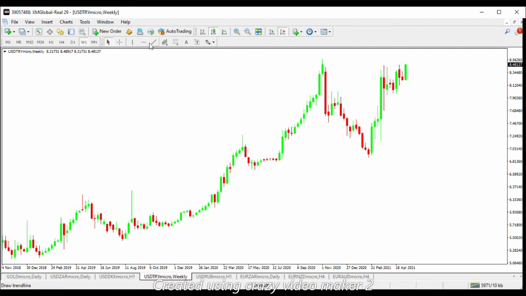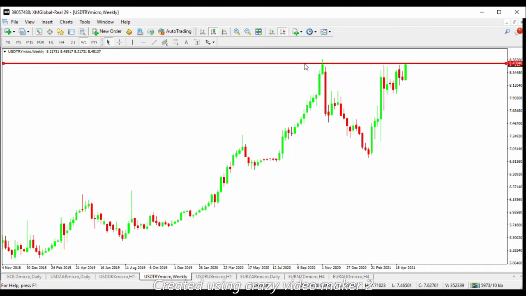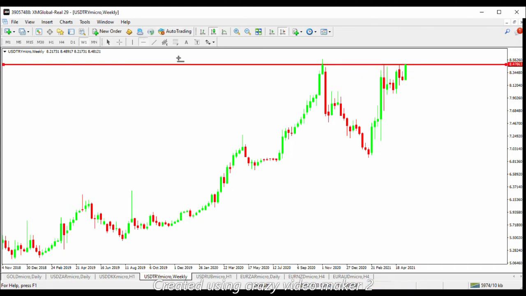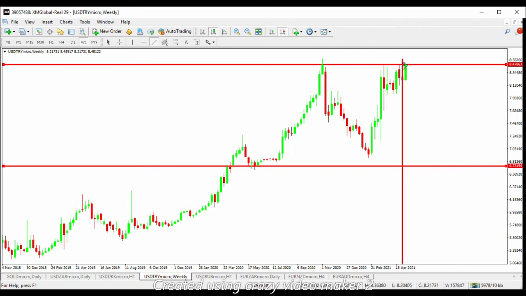US dollar try. This looks like a double top. So this would be the first head of the double top, second head. This would be the bottom, right? So it wouldn't be the target. Our target would be right here.